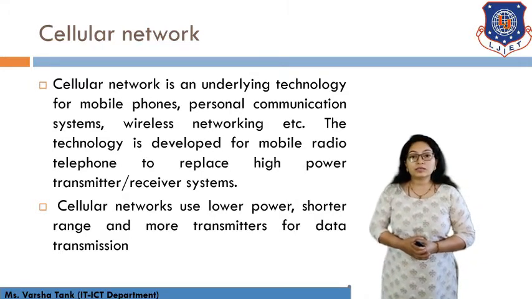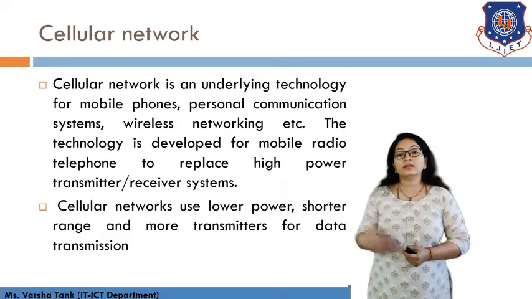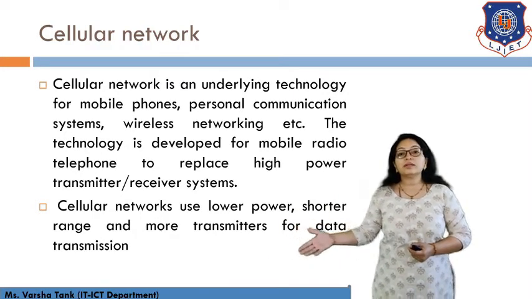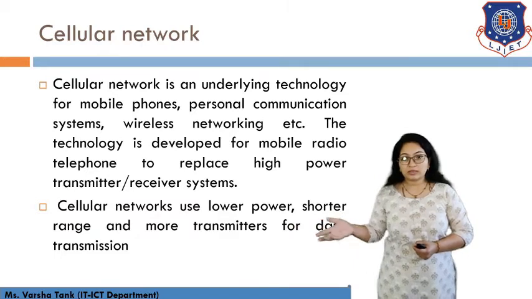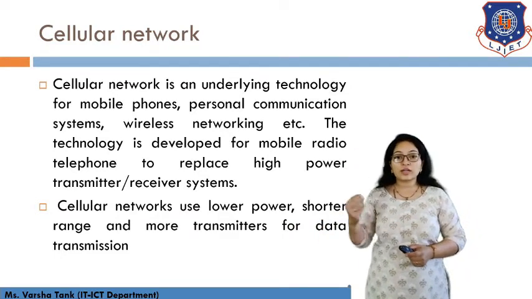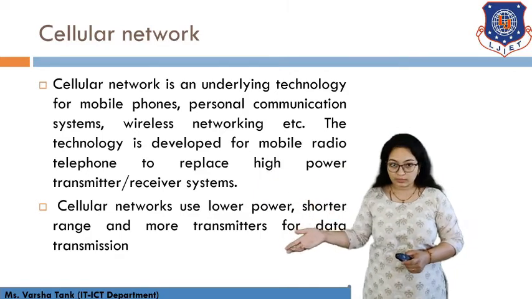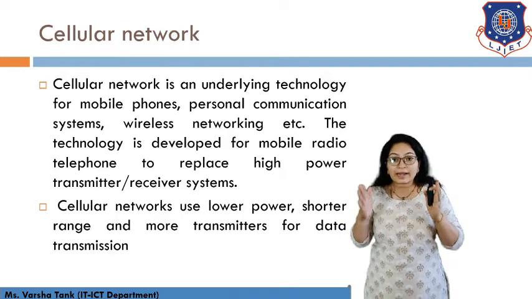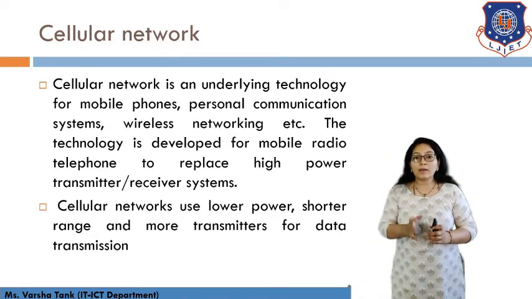You want a person at different places at the same distance. For example, at 10-meter distance or 20-meter distance, you throw the ball to a particular person, and that person will catch that ball and throw it further to another person. So what is this? We have divided that area into small parts.